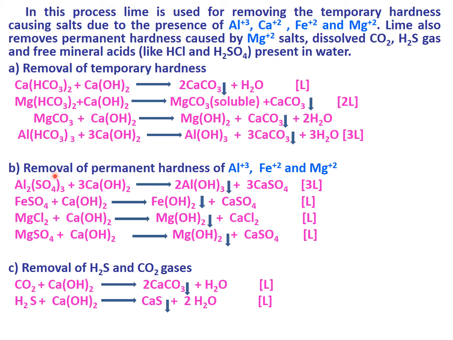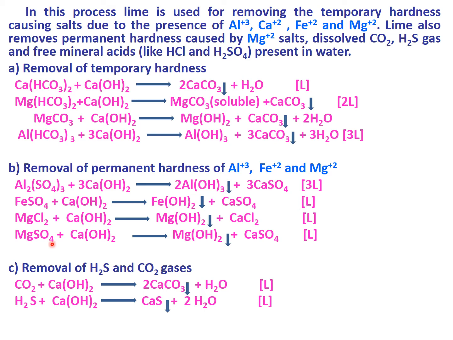Next is the removal of permanent hardness of aluminium (Al3+), Fe2+ and magnesium (Mg2+) ions in hard water. So what is happening? Let's take a few examples. Suppose we have aluminium sulfate, ferrous sulfate, magnesium chloride and magnesium sulfate as the salts responsible for permanent hardness.